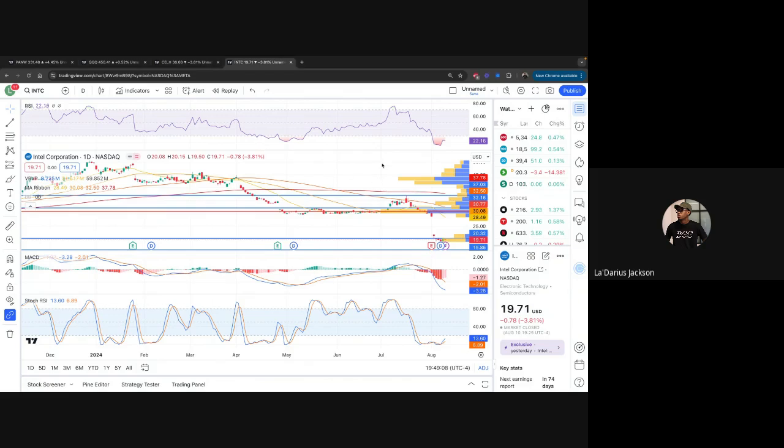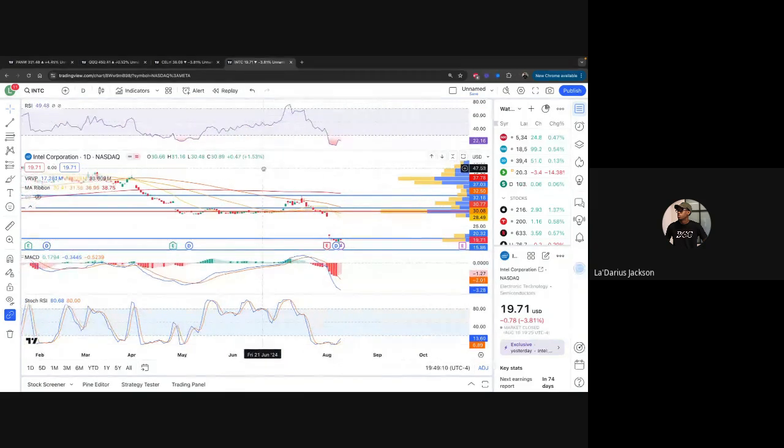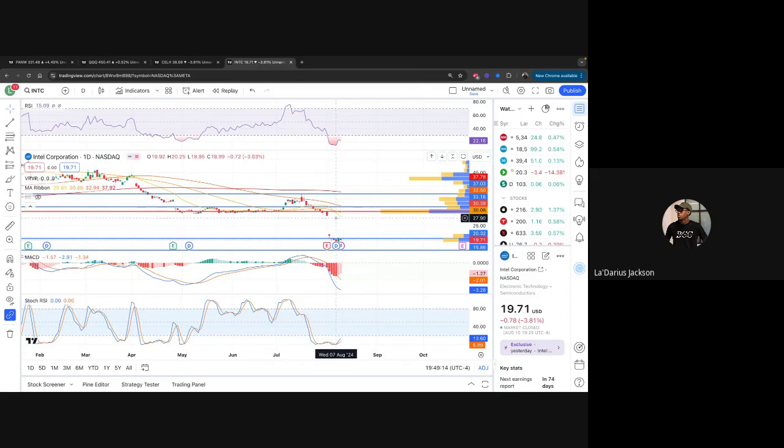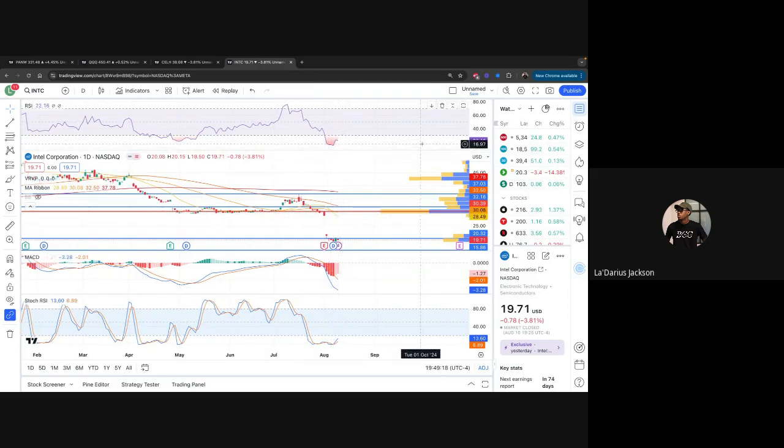All right, Intel. I think we talked about this one before, and I think I said stay away from it for a second. Intel's RSI is at 22. Of course, that RSI is going to recover at some point. Is it going to go back up to 70? Not sure. It's been this low before in the low 20s.